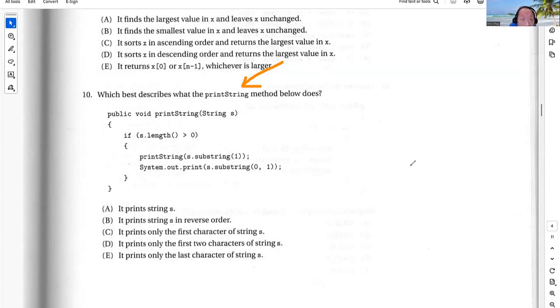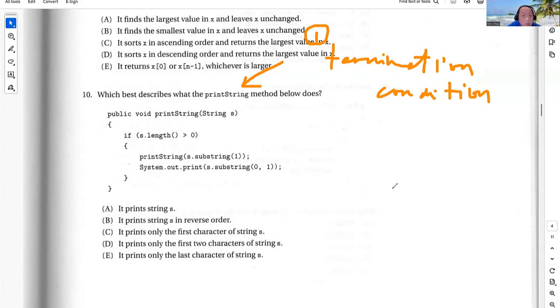But then let's talk about it in this way. What is the termination condition? When will this terminate? The program is no longer recursive. If the length of S is not greater than 0.